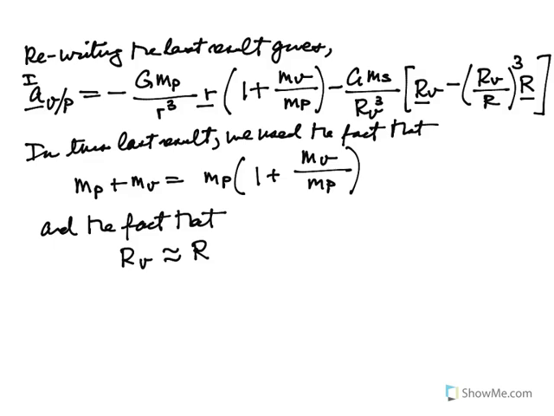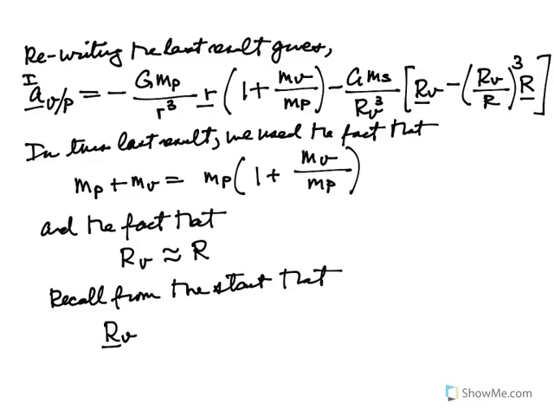So now what we can do is compute this result in yet an even different way, which is that, recall from the start that we have the following result, which is that r_v is equal to R plus little r. That was from the beginning. So suppose that we replace everything in here now, that r_v.